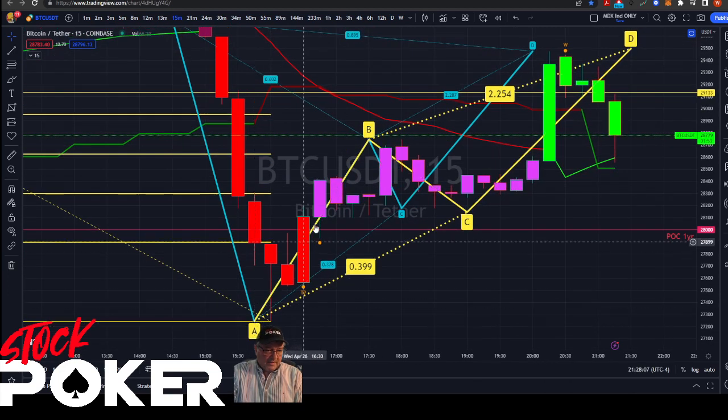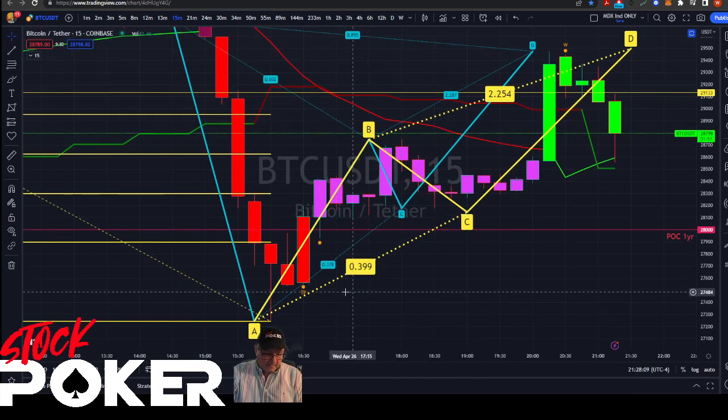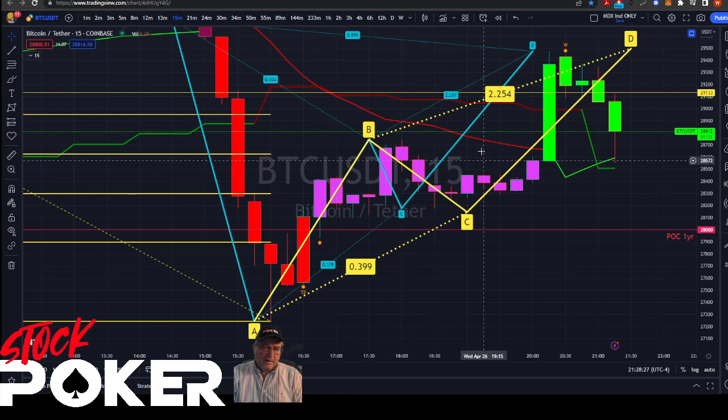You want this BC retracement of the AB leg to be 382 to 0.5. It doesn't have to be 382 or 0.5. It could be somewhere in between there, and that's perfectly fine. And then that CD leg, this right here, should be between the 1618 and the 2618.